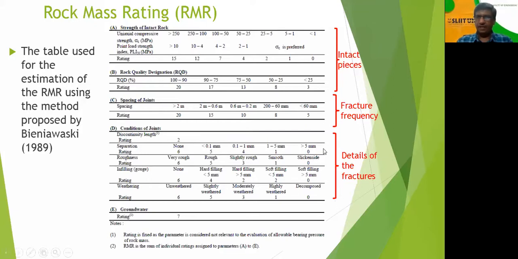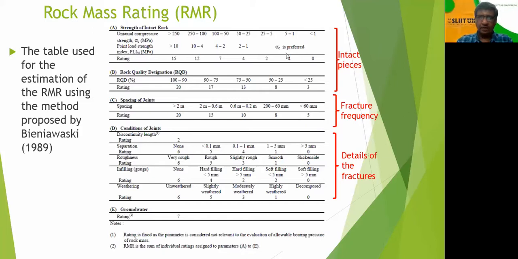RMR depends on the status of the material inside these fractures: the fracture surface, whether the material inside the fractures is hard, and whether the rock pieces are weathered. These are the things we look at when determining the RMR.